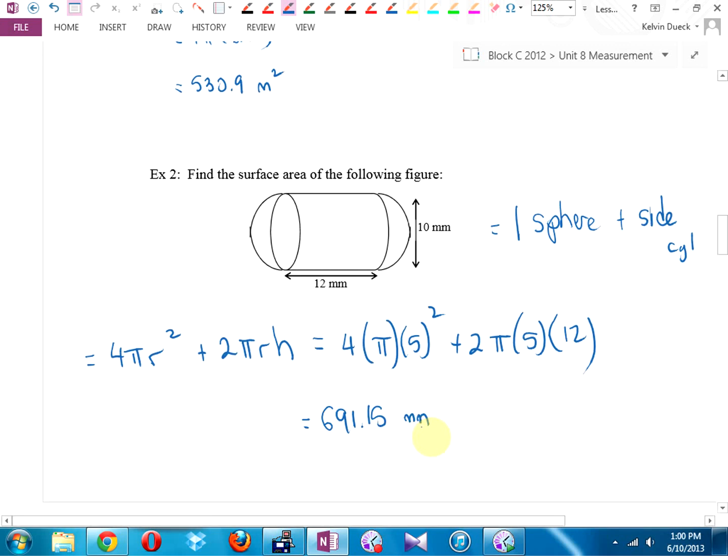Just visualize the net. Visualize the sides laid flat. Hey, it's a sphere joined together and a rectangle. And don't include as your surface area any sides that are actually not exposed. Wouldn't it be millimeters squared? Thank you. Millimeters squared.